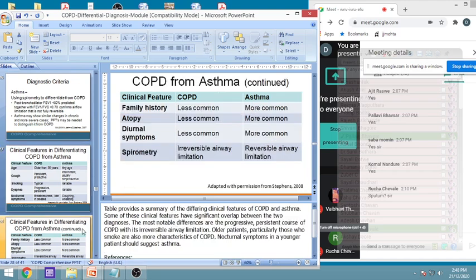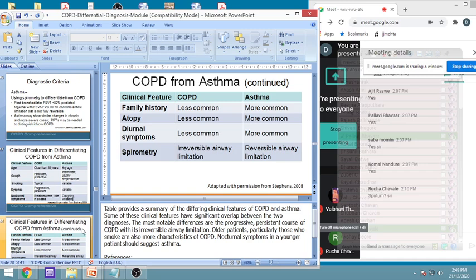Again, family history: in COPD there is less impact of family background, it is less hereditary and more because of smoking and other such factors. While asthma can be genetic or hereditary, and therefore family history is important to diagnose it or to make the final version.